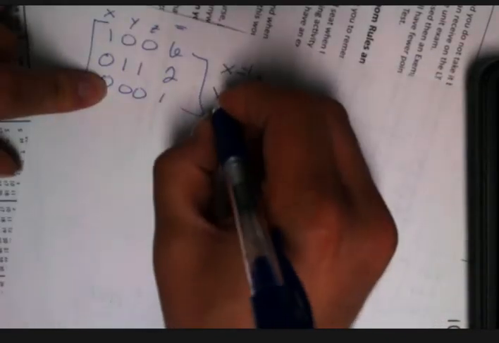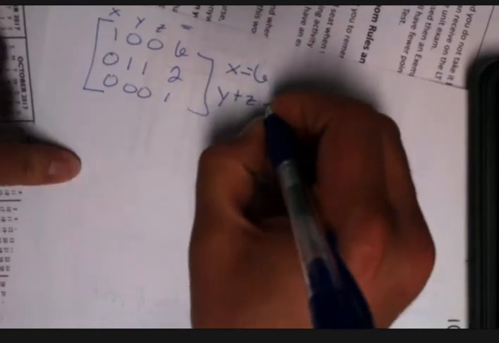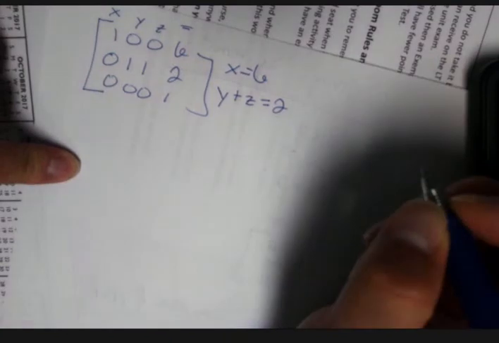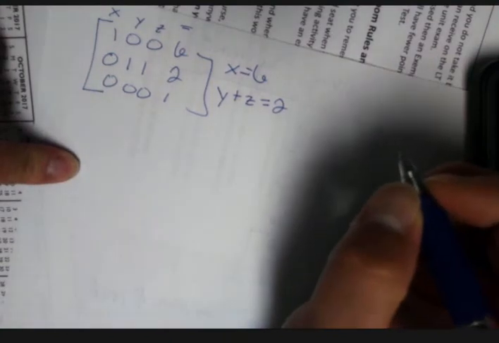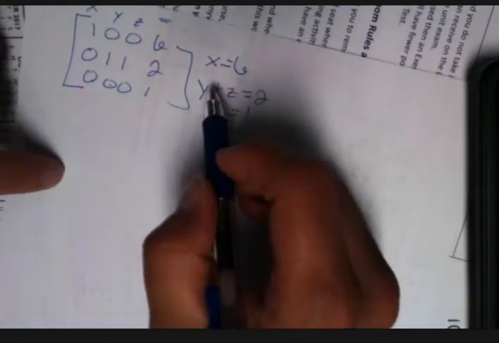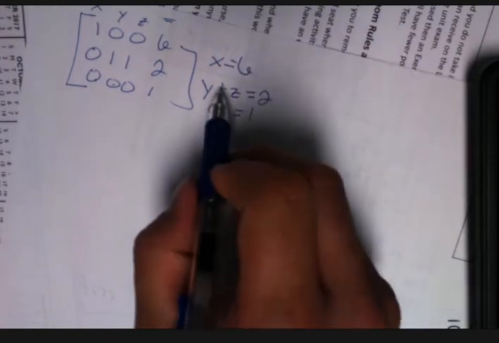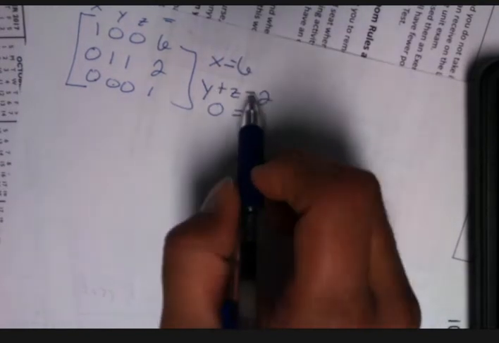The second one says y plus z, because there's 1 for each of them, equals 2. And then down here we have no x, no y, no z, so that's 0 equals 1. Well, you can have x equals 6, right? Because that's just telling us a number. You could have y plus z equals 2, because we just have to figure out what y and z are.